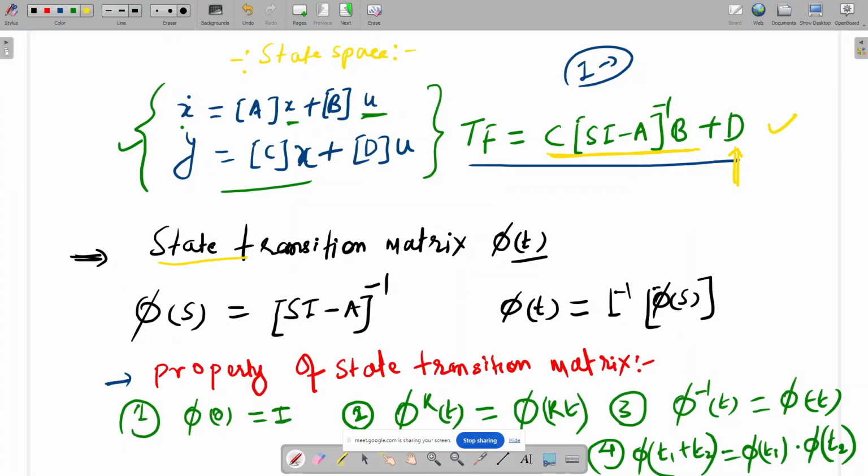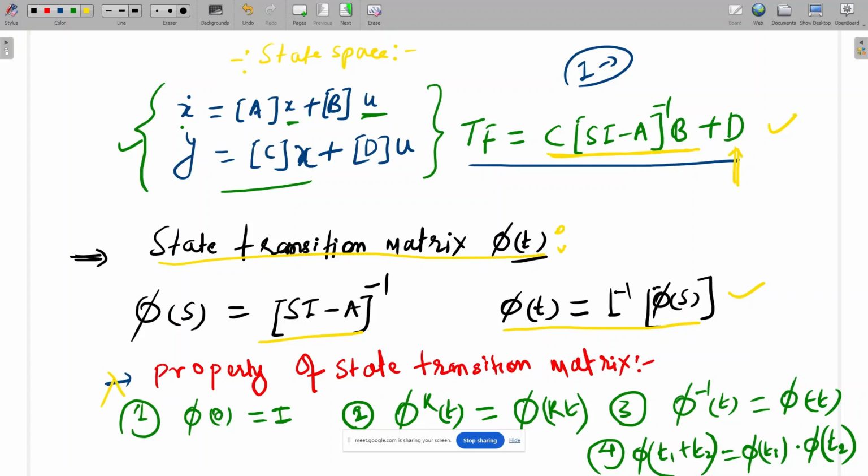Similarly, the state transition matrix. The inverse Laplace of (sI minus A) inverse, which is phi of t, is called the state transition matrix. Some properties of the state transition matrix are here.